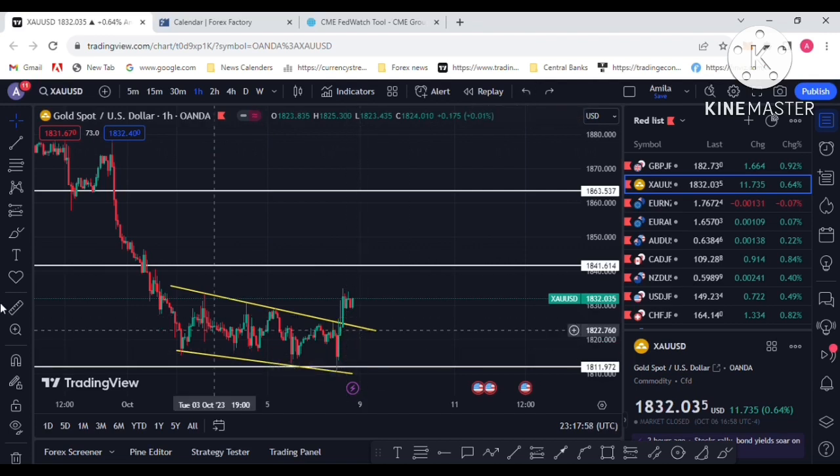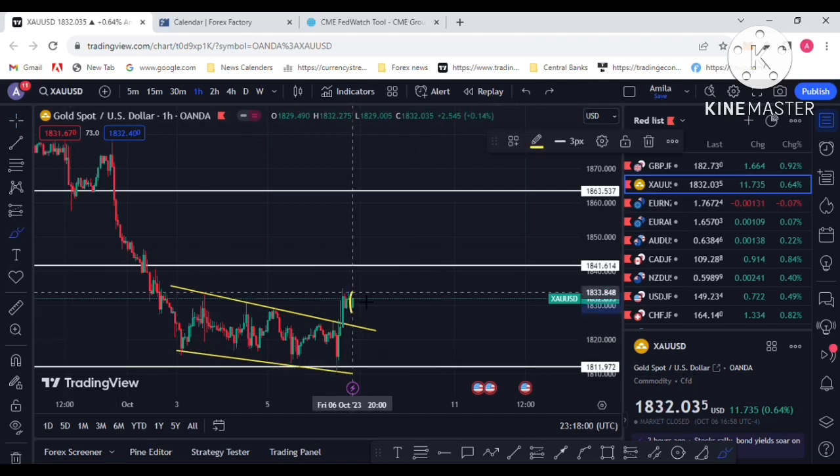After the breakout and retracement, there is a buy opportunity, and 1843 is the target. It is a breakout target, and also the Fibonacci 0.786 level. Next, the Fibonacci 0.618 level, 1860, is the next target.